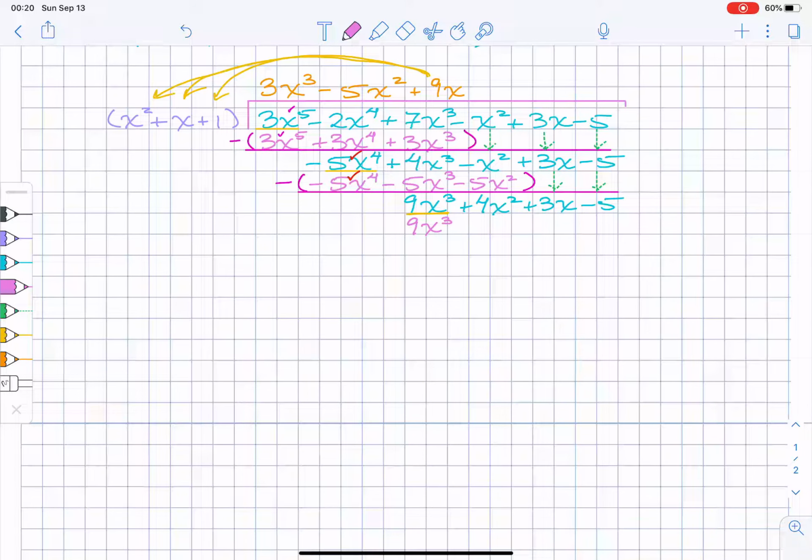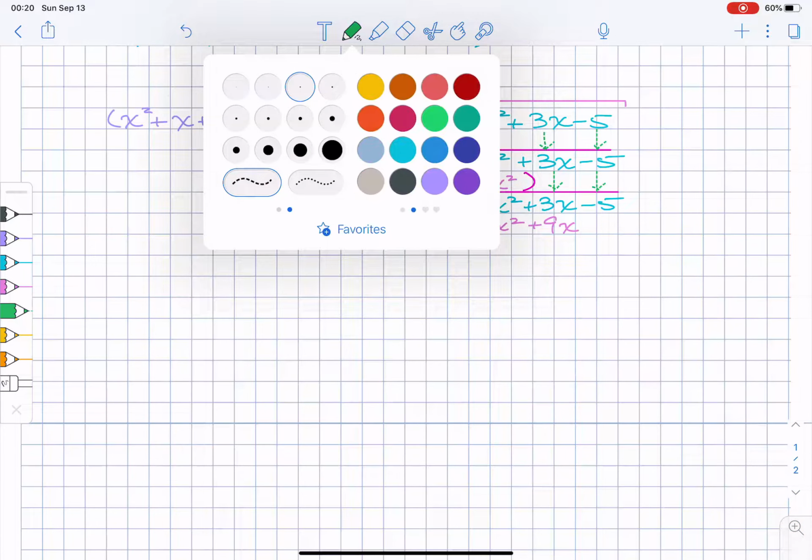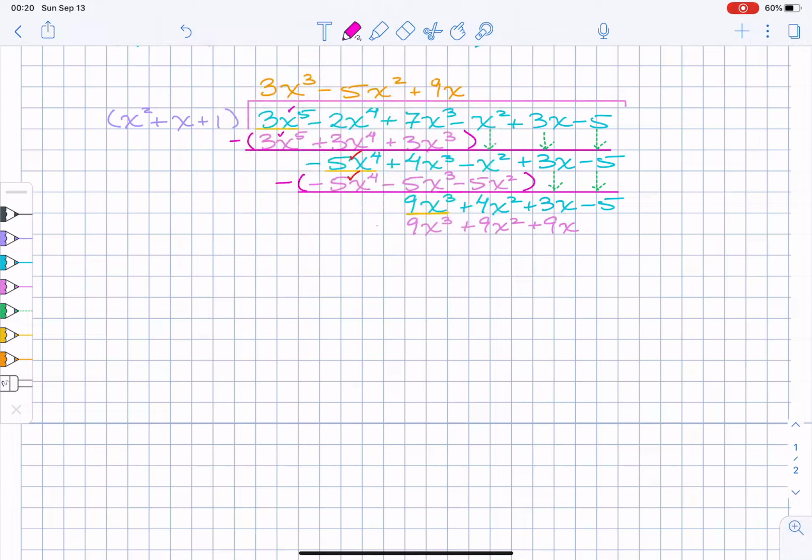Then 9x times x will be 9x squared. Then 9x times 1 will be 9x. Okay, so notice once again, the power on each term is aligned, meaning 3, 2, etc. They're all the same. Okay, so we do what we do with these polynomial functions in that we subtract.